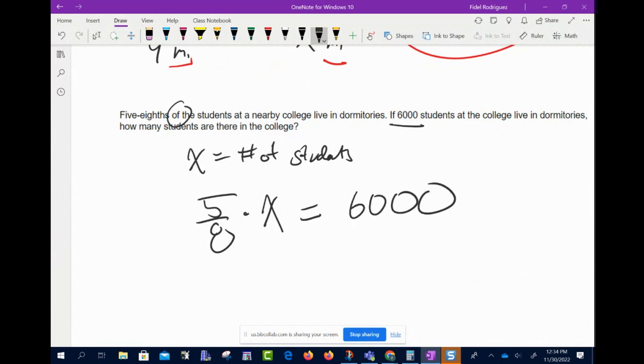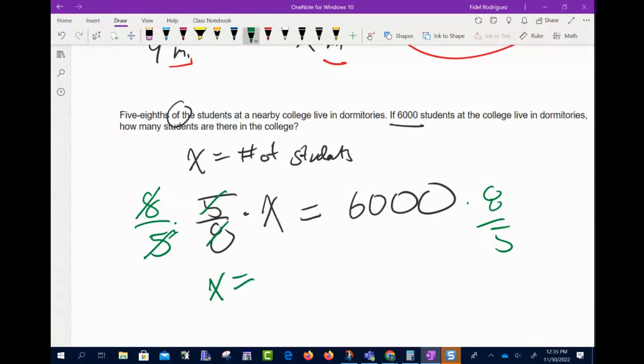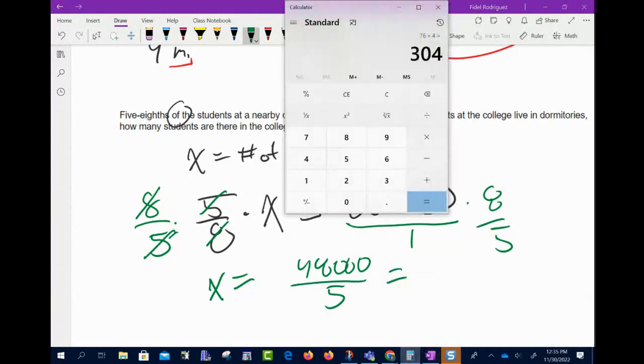6,000 of them, okay? So if we're trying to figure out how many students are going to be at the college, the way we solve for X is we multiply by the reciprocal, 8/5, okay? So this 5 and that 5 can cancel, and this 8 and that 8 can cancel, and here's my X. And then all I'm going to do is just go straight across. That's 1,000 divided by 5.